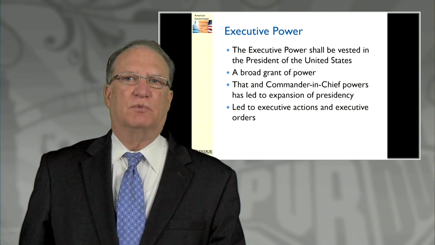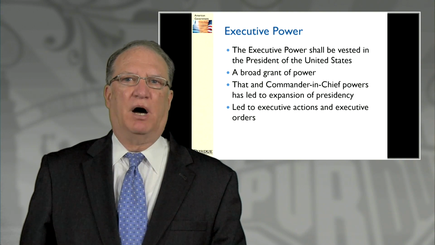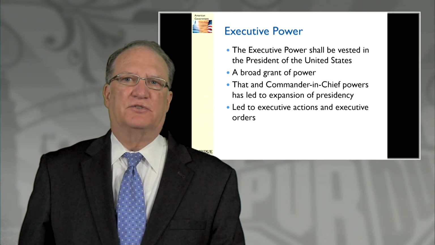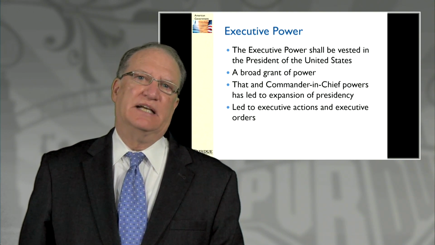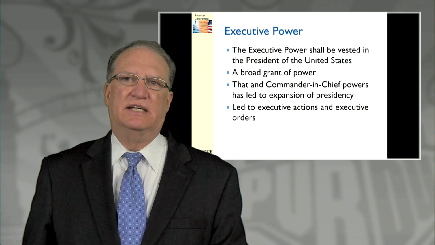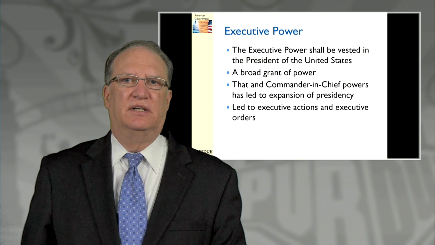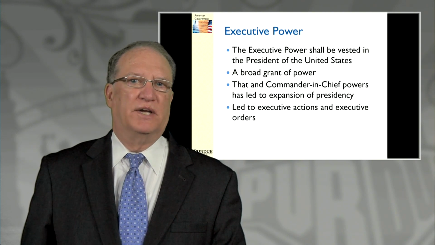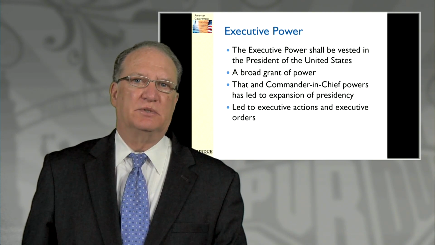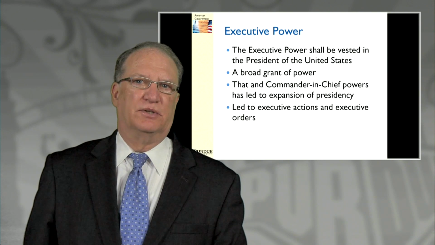The executive was also given vague powers. The Constitution's first phrase in the executive clause says, "The executive power shall be vested in the President of the United States." Now, it never really said what executive powers were, so it was left to the presidents to interpret that.